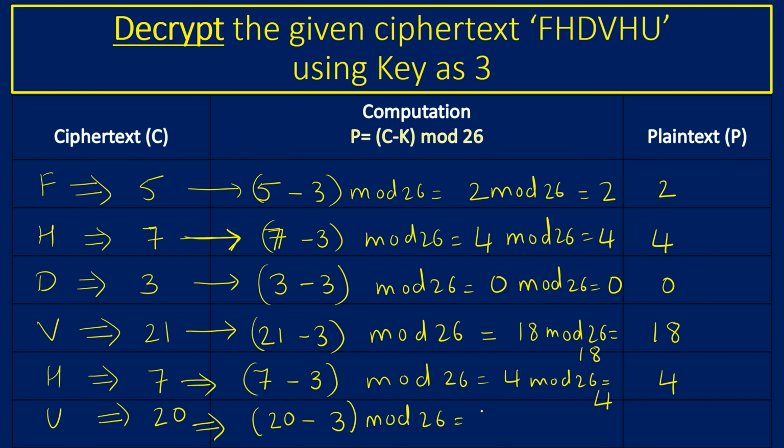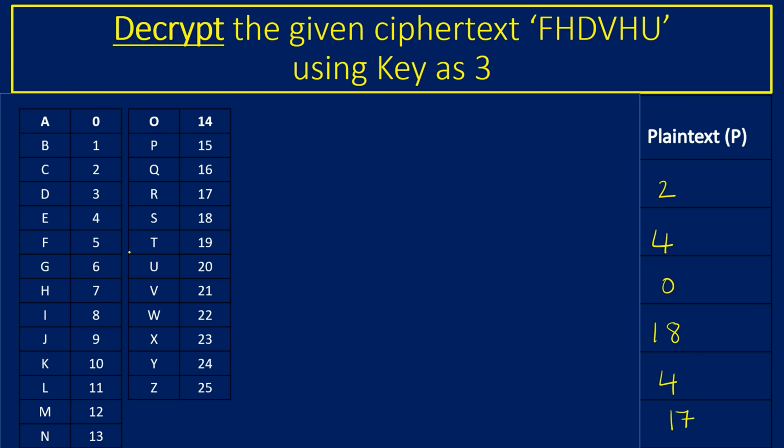Now having recovered these plain text numbers, we now have to convert these numbers into their corresponding plain text letters, for which we would require a mapping table again. So we refer to this mapping table and recover the letters corresponding to each number of the plain text.